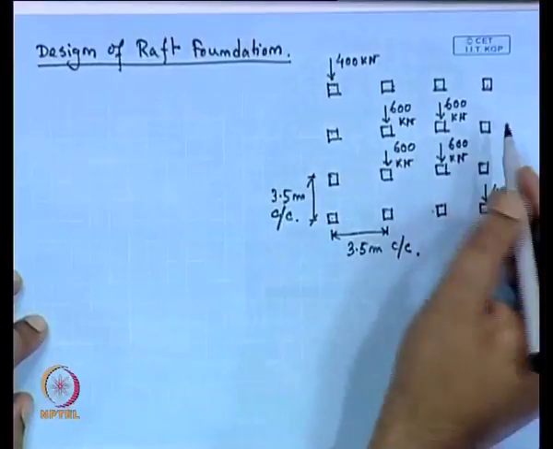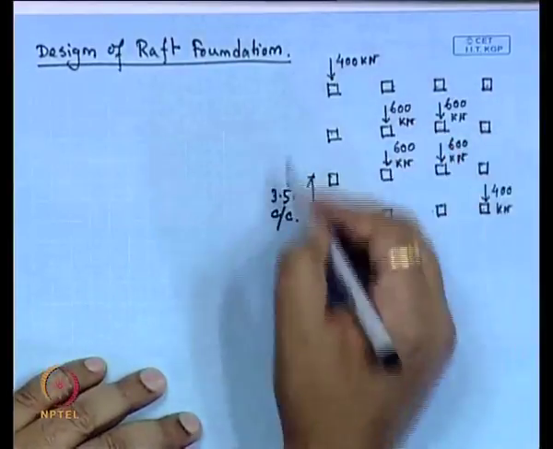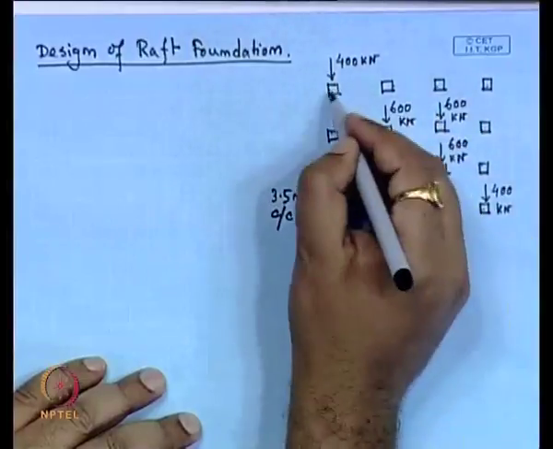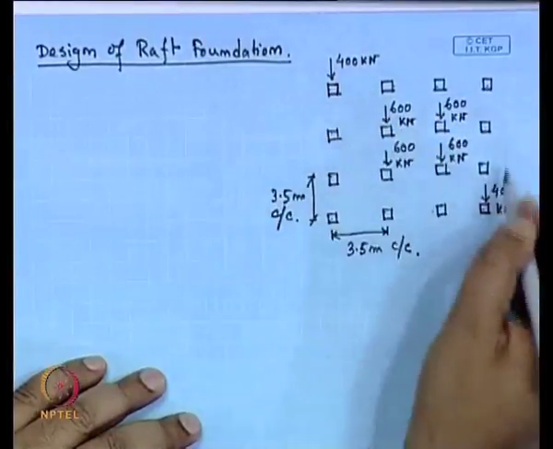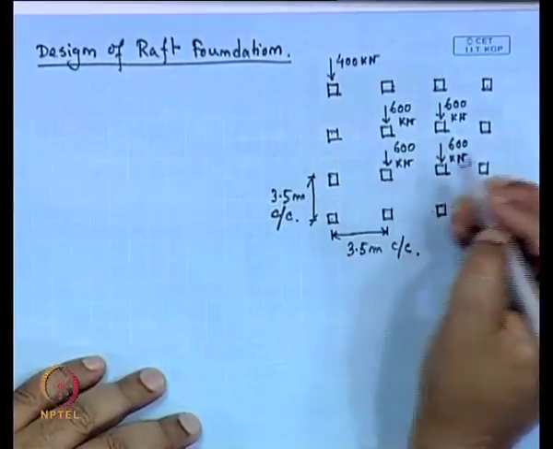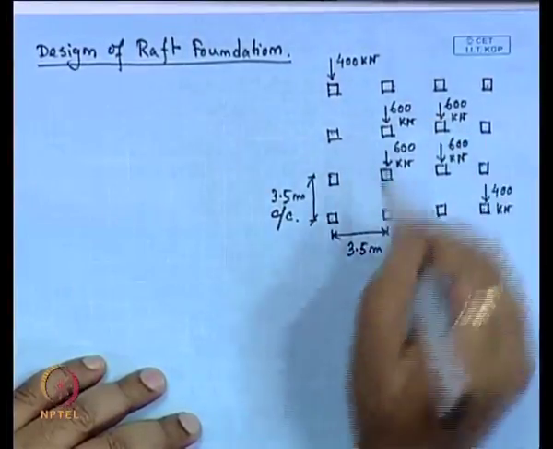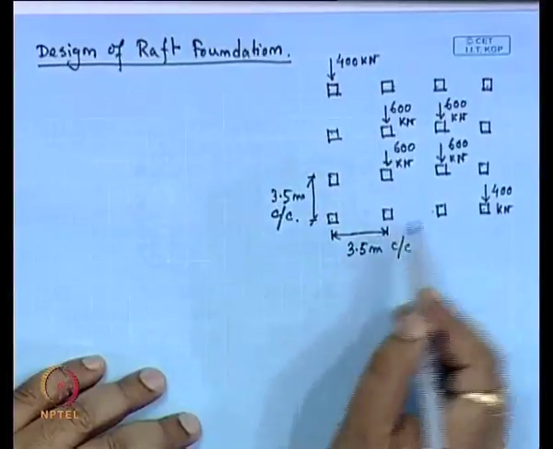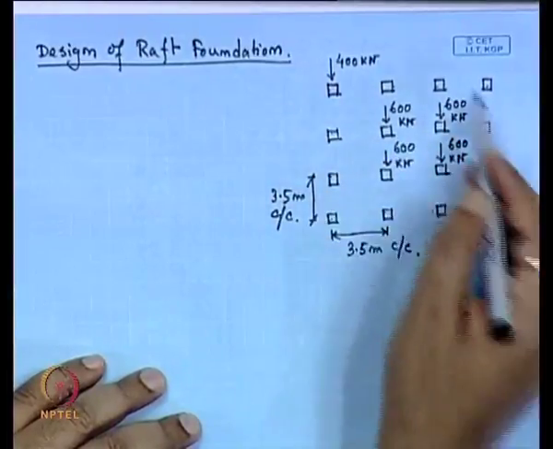Now, as we design, we will use the raft foundation, as it is observed that the raft foundation is a suitable foundation, as the bearing capacity of the soil is very low. So, that means we will consider the raft foundation for the total area of this structure.